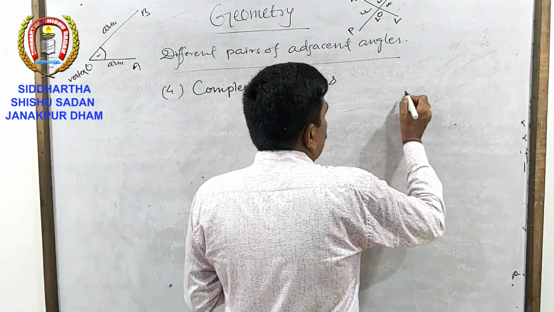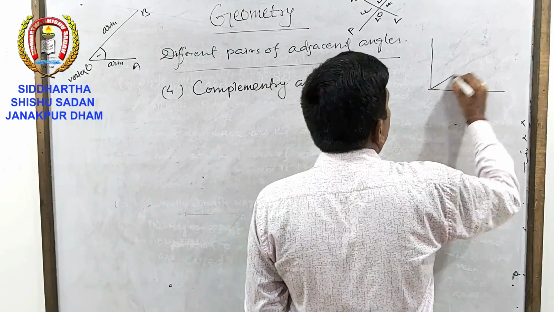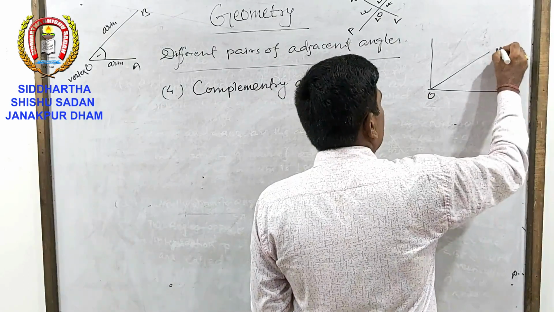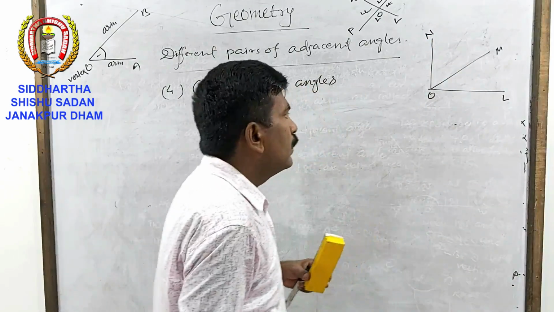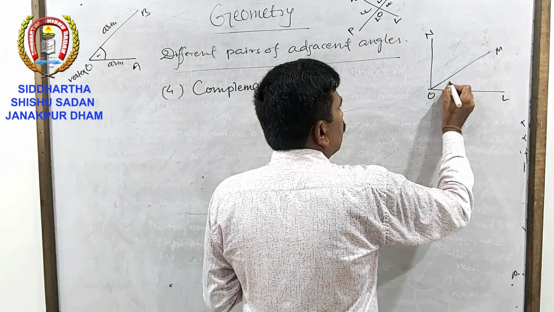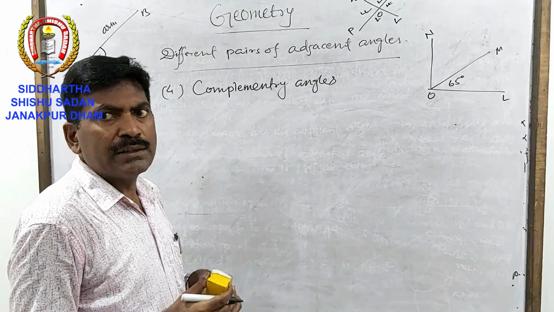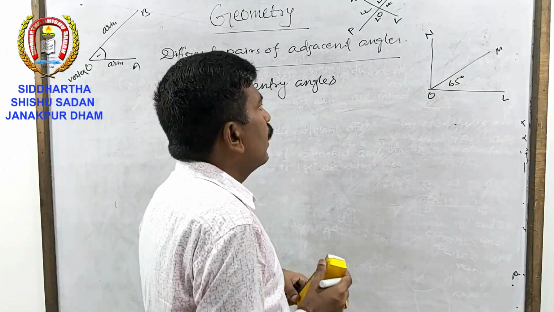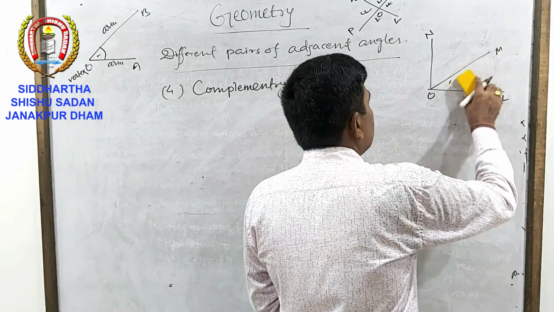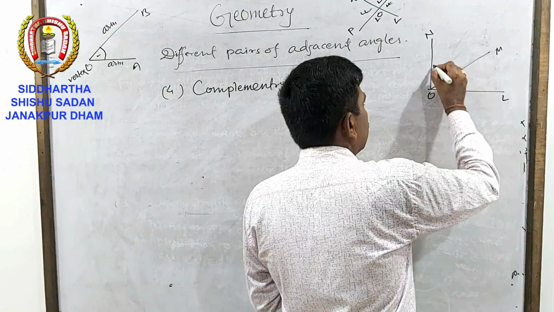Now see, the example is here. O, L, M and N. Now let's see. This is 65 degree, and another one, or just we take here, this is 40 degree and this is 50 degree.